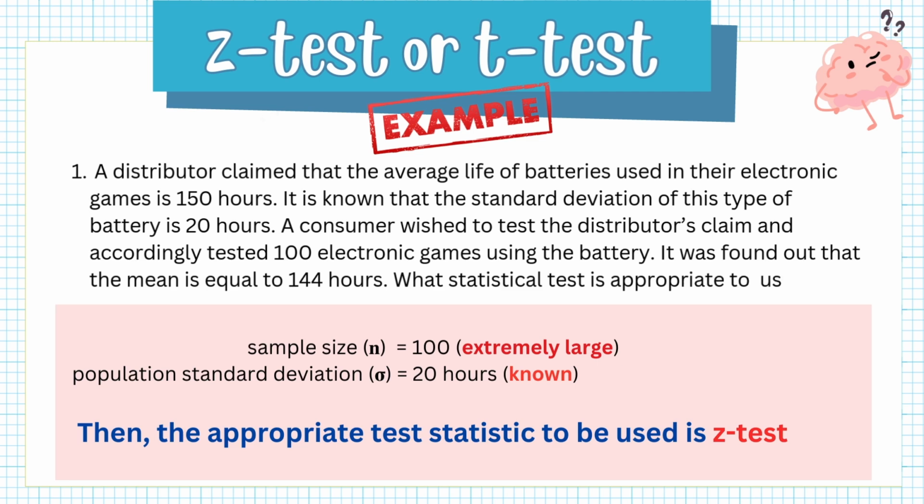Let us consider the sample size. The sample size is 100, which is extremely large. And we are also given the population standard deviation of 20 hours, meaning it is known.